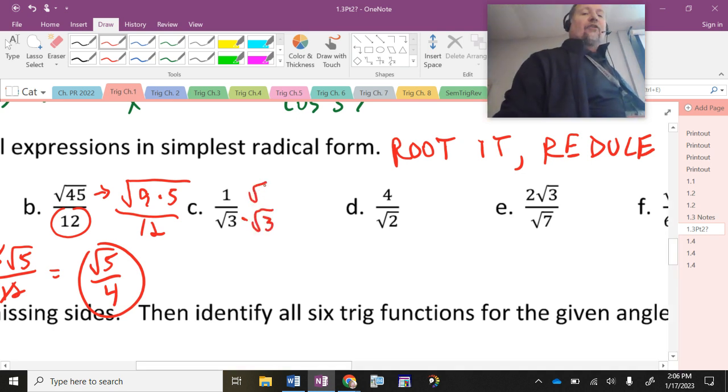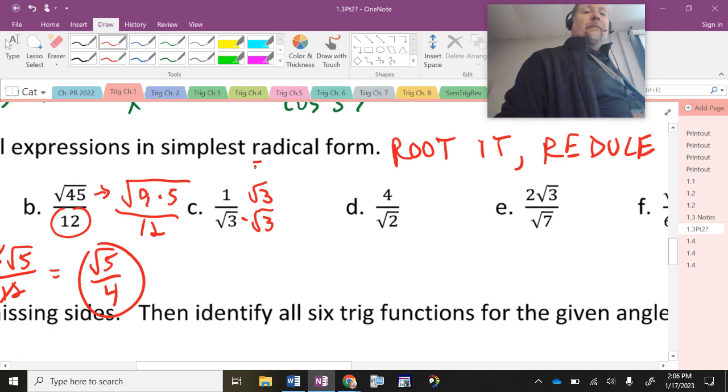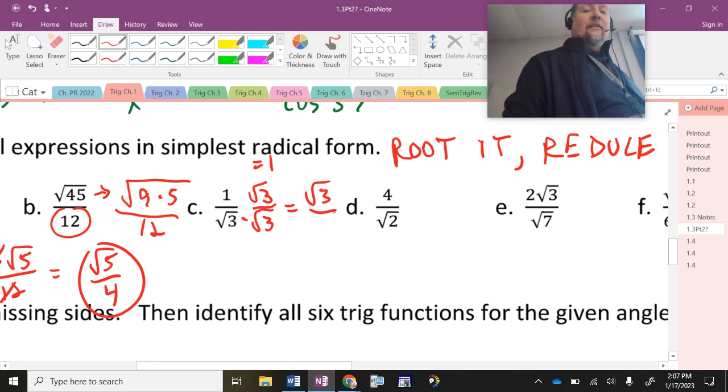I just kind of inserted that in real quick. Everyone needs to remember how to rationalize, which means you have to multiply top and bottom by the same thing because that equals 1. You've actually multiplied that by 1. All right. And then what's the numerator become? It becomes root 3. This is the last time I should have to write this. What's root 3 times root 3? Root 9. What's the square root of 9?